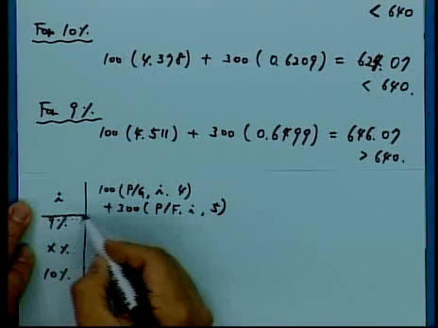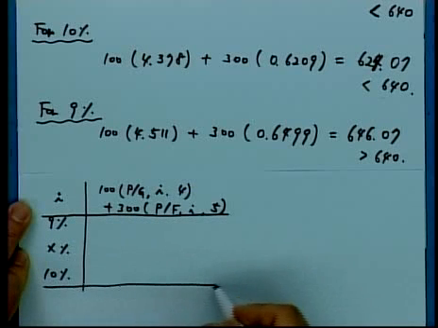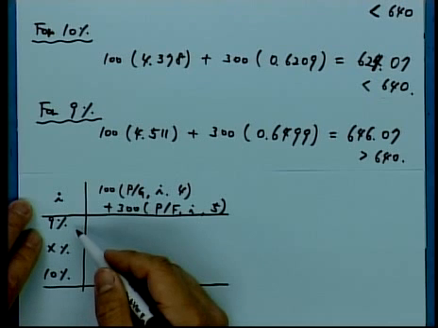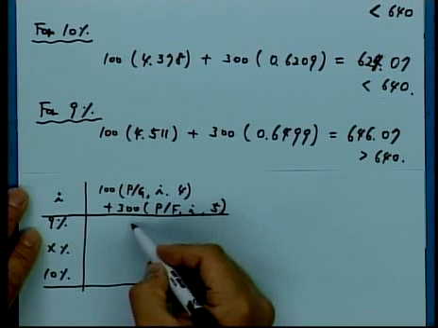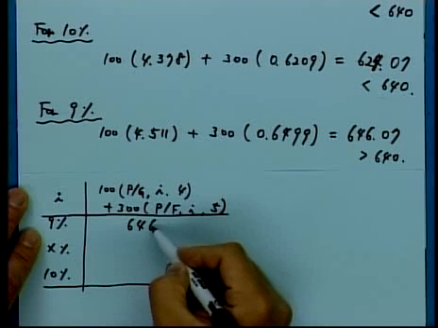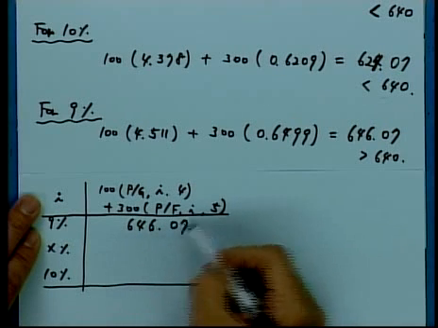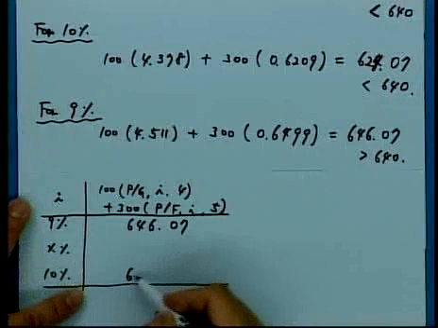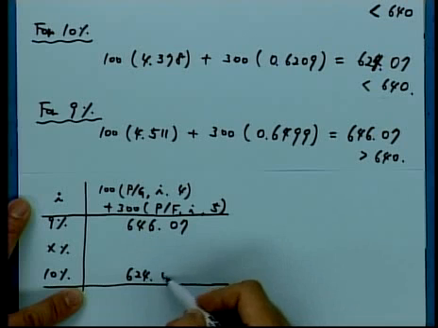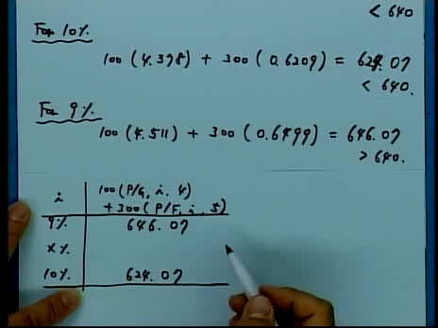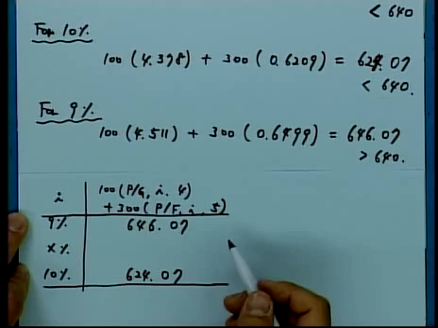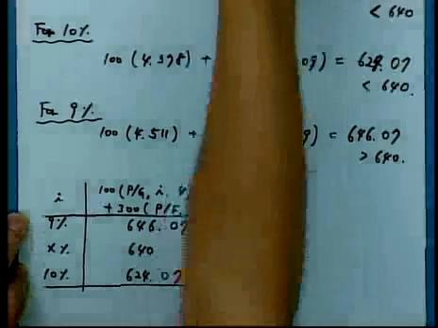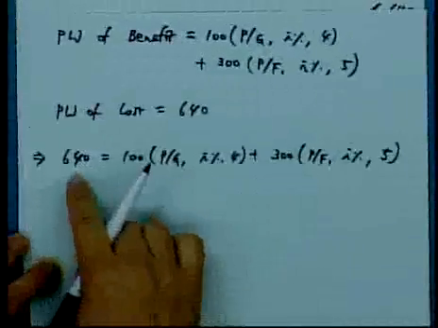Okay. If it's I equals 9%, we've got 646.07. If it's 10%, it's 624.07. And we've got here 640 from here, right?